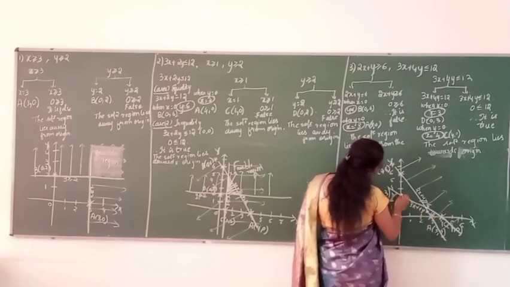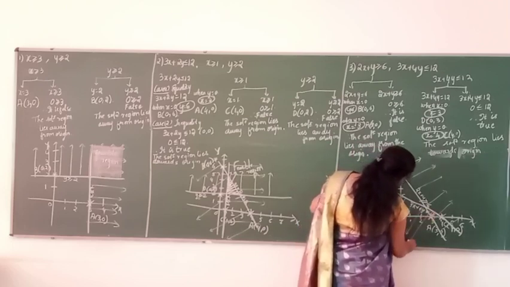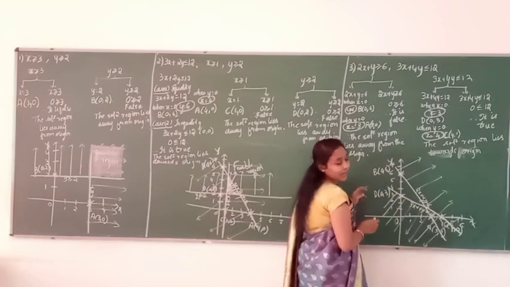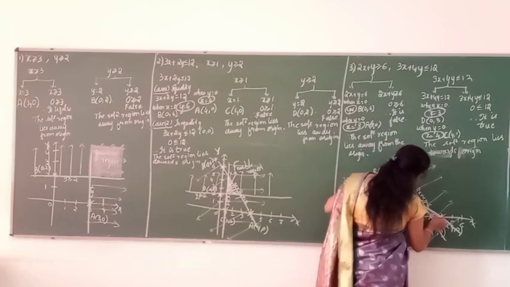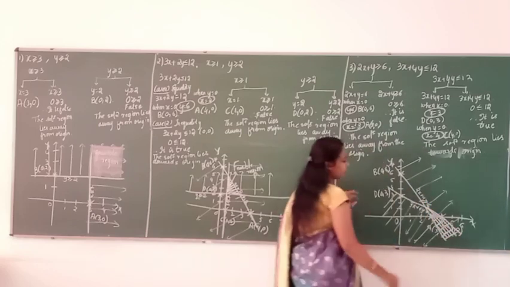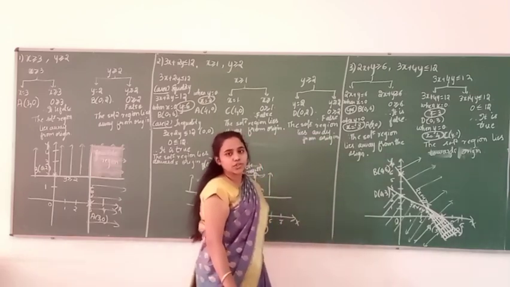So here it is moving towards the origin. You can just check where both the inequalities are meeting. This point, which is nothing but called as a feasible region, or even it is called as a solution region.